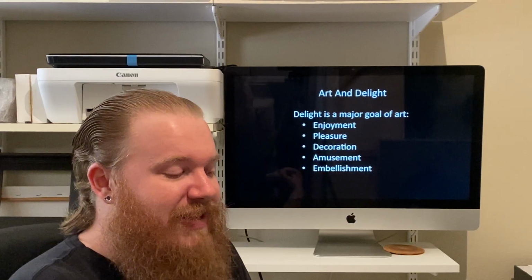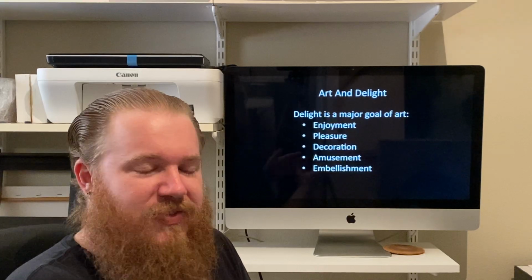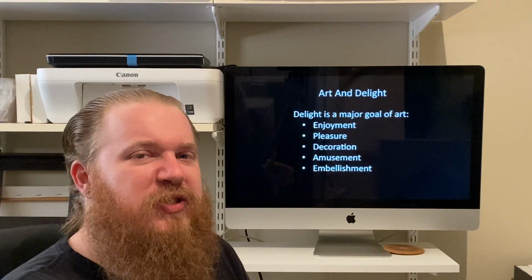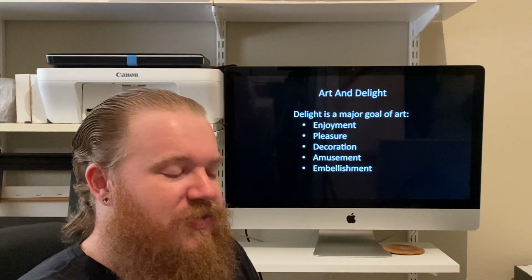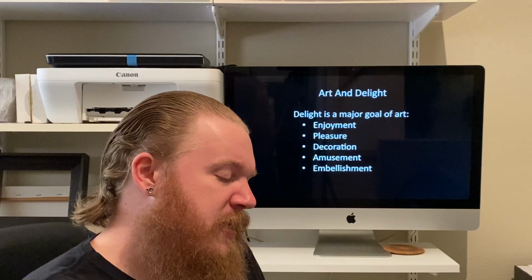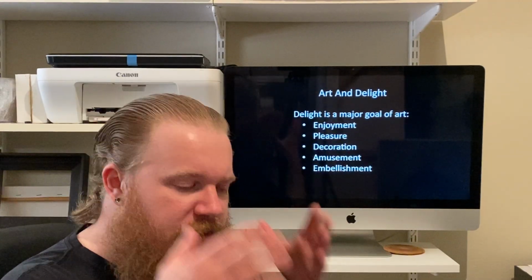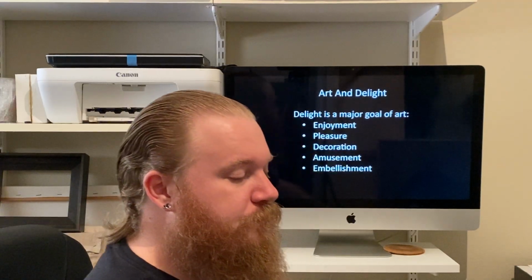It can also add decoration or embellishment to a space, so it can make existing within a space more pleasurable. But it can also be used as a form of amusement, so things like film or entertainment, theater, all these kinds of things. So delight is a major aspect of artwork in general.